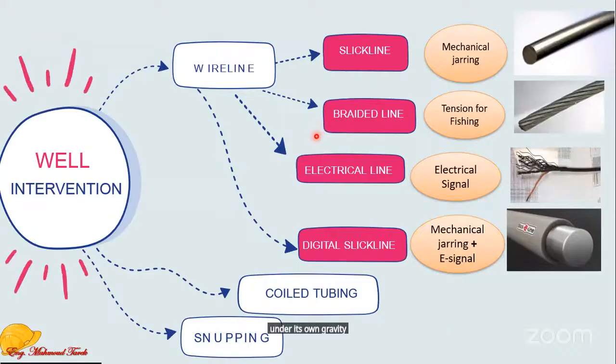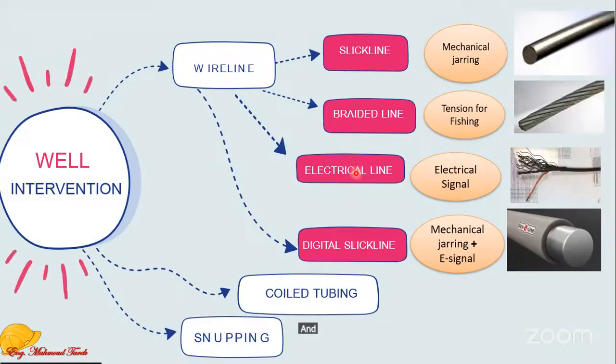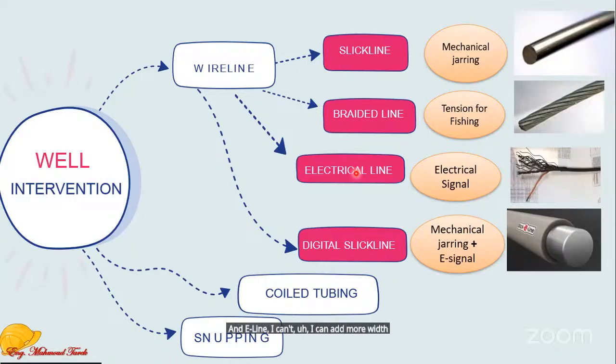So I can put some force downhole by jarring, for the slickline or the digital slickline. For the braided line and E-line, I can add more weight with stem bars also, but it is limited to the gravity of the BHA, or bottom hole assembly.